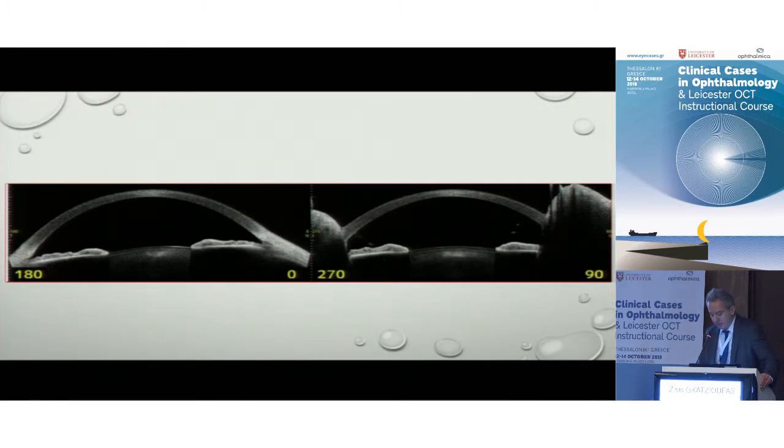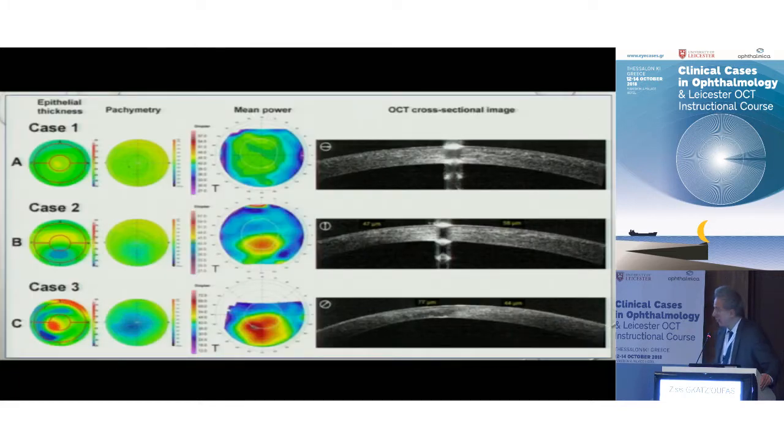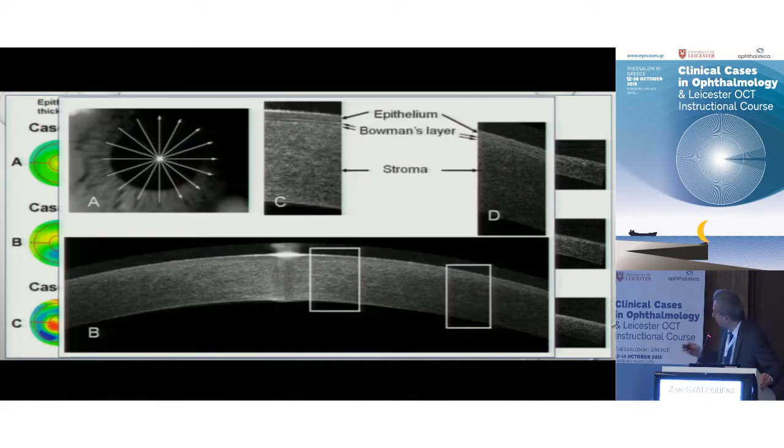Although I have to say that assessment of corneal thinning is not the basic function we use these devices for. And here you have a case, again, of conus, where we use ultra-high resolution in order to visualize, as you can see here, it's a prototype device, and assess the different layers of the cornea.